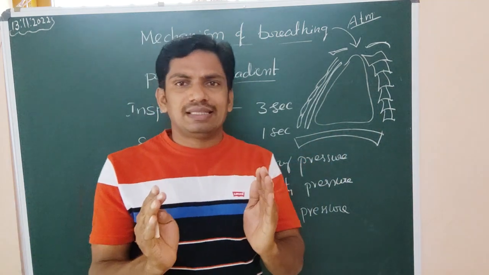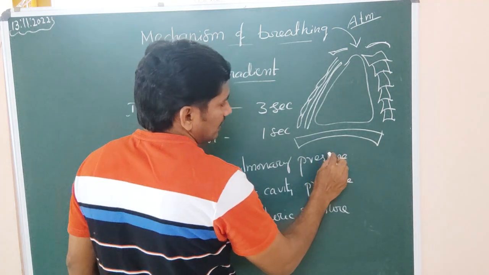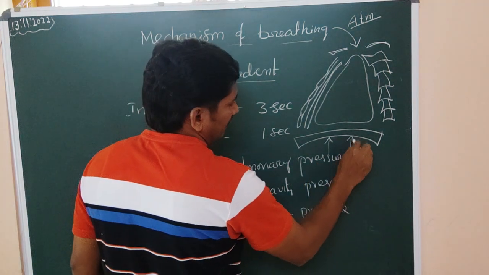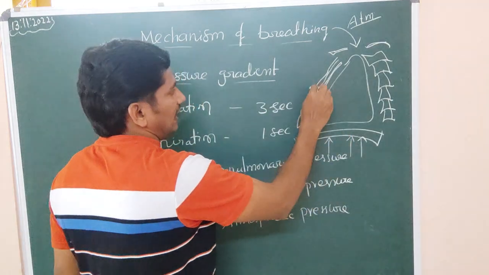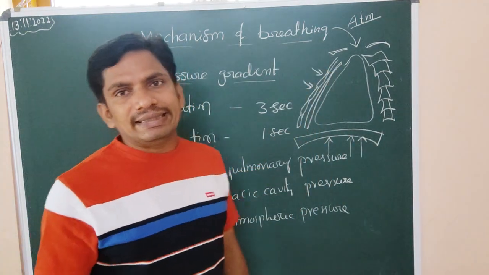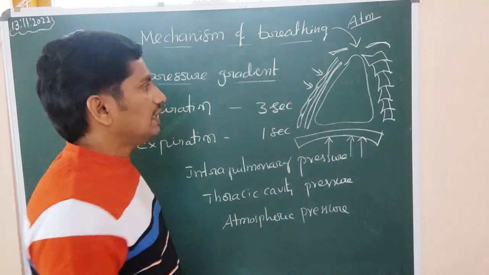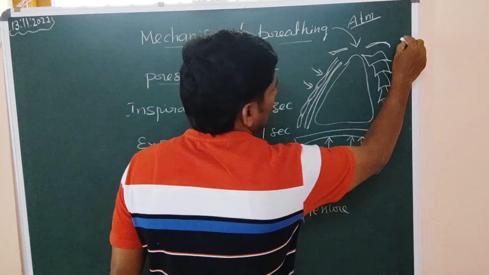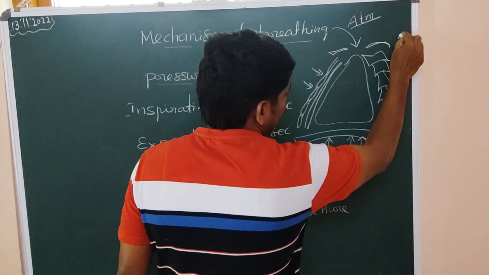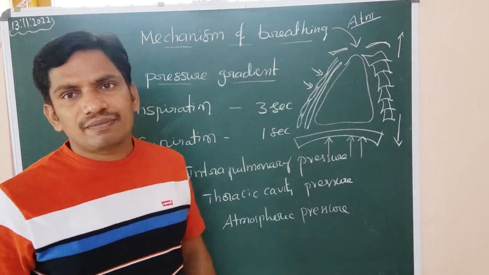For that, contraction of the diaphragm and contraction of the external intercostal muscles happen. Due to that, the chest cavity volume increases in the antero-posterior direction.